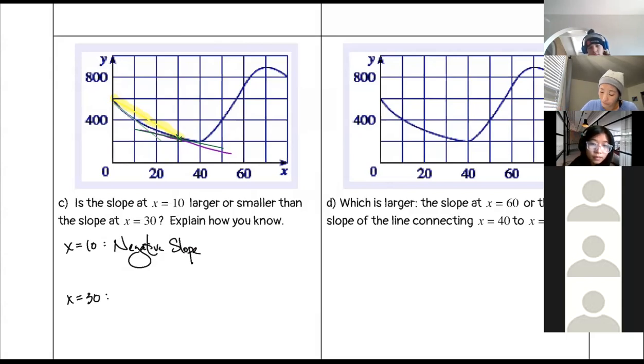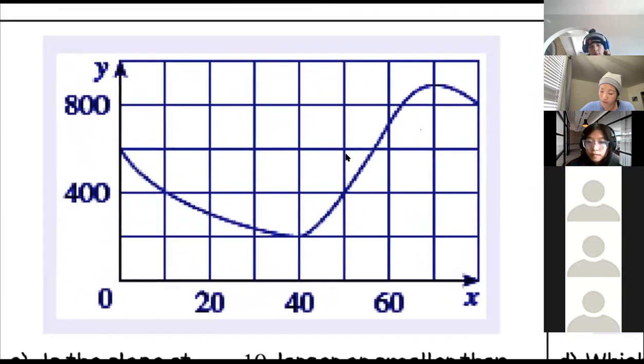So I'm going to erase what I have. Awesome, thank you. And let's zoom in here.